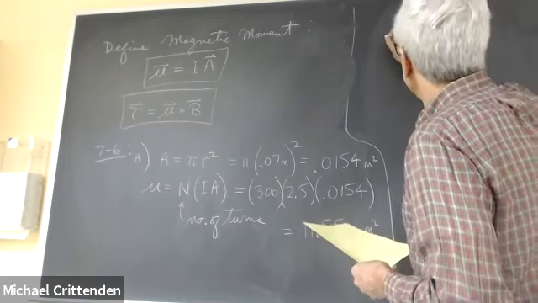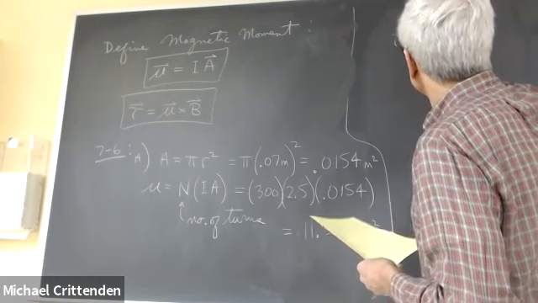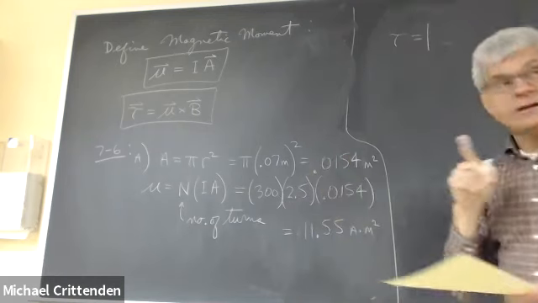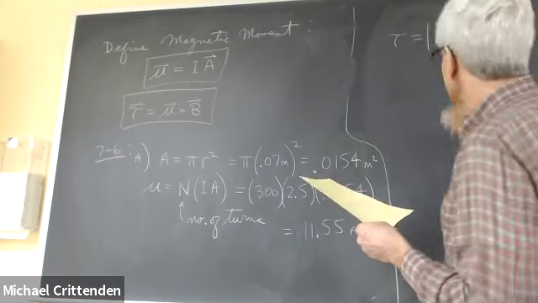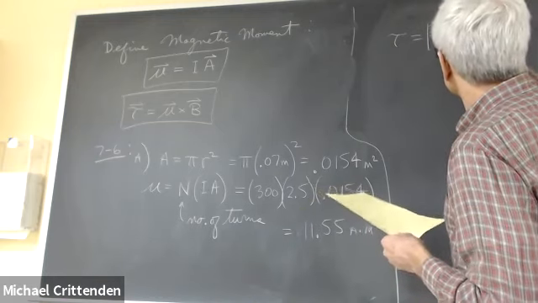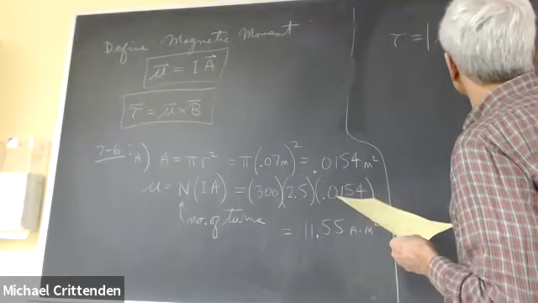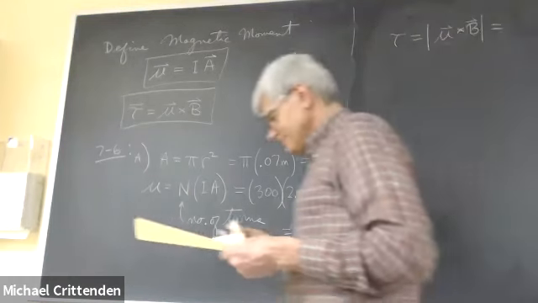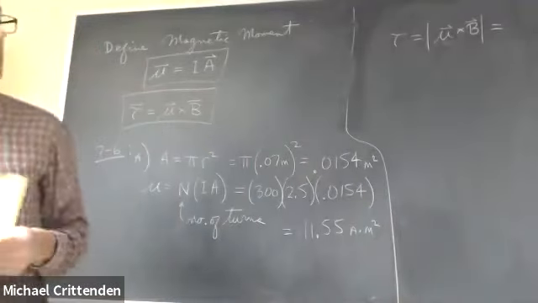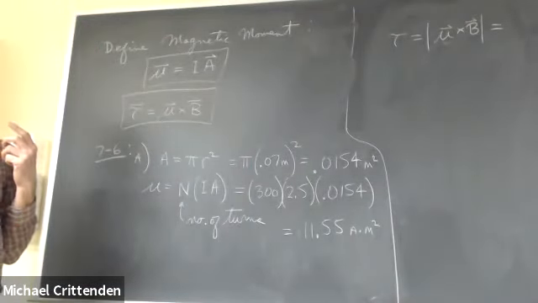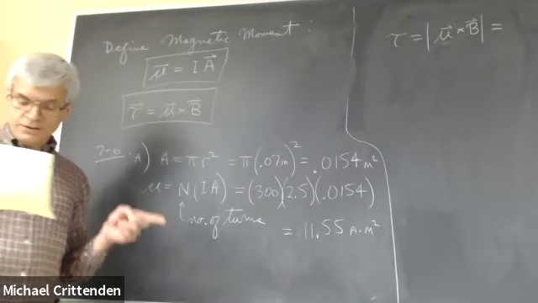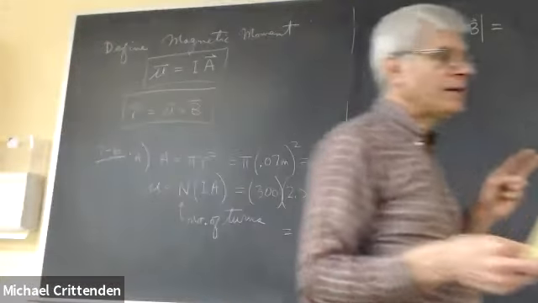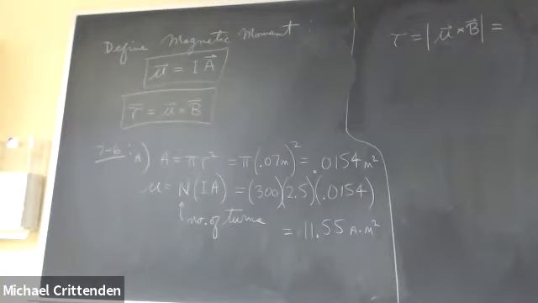And then the magnitude of the torque, we'll get to the direction in part B. Right now it's just asking how big is this torque. The magnitude of a cross product is the magnitude of the one vector times the magnitude of the other vector times the sine of the angle in between.